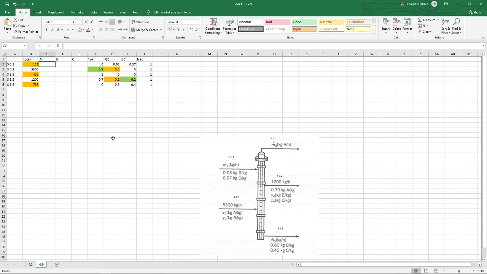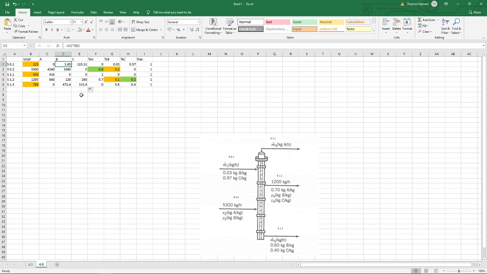So the final thing now though is, the amount of A I have must be the percentage of A multiplied by my total mass. And I just drag it along and drag it down. There we go.